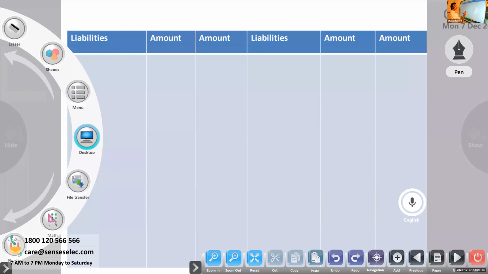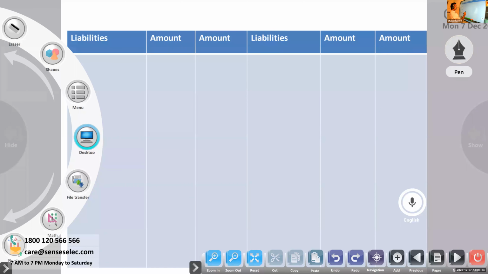So 33,000. Clear? So up to July 31st, he withdrew 1,500, so 1,500 into 7. Then 4,500 into 5, 22,500.